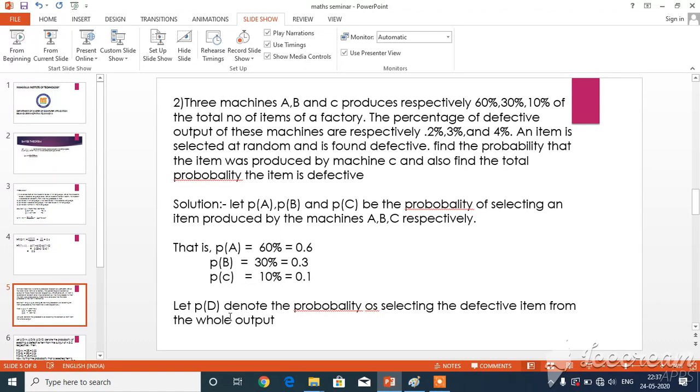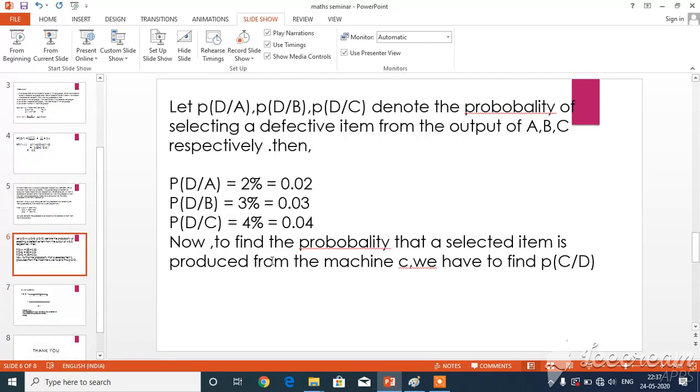Let P of D denote the probability of selecting a defective item from the whole output, meaning from the whole sample space. Let P of D over A, P of D over B, P of D over C denote the probability of selecting a defective item from the output of A, B and C respectively.